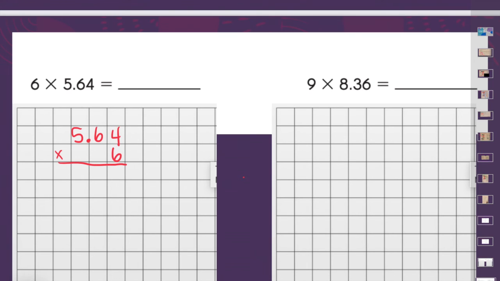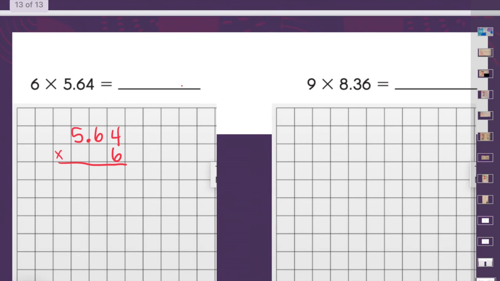Now, one thing you might be wondering is, when we're adding and subtracting decimals, we have to be so very careful to line up the decimal points to keep the place values of each of the numbers in line. With multiplying, we don't line up the decimal points to multiply. If we did, it would be 5.64 times 6. That makes no sense, okay? So the decimal points don't need to be lined up when we multiply.